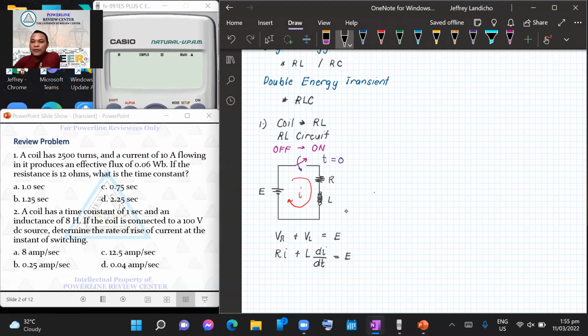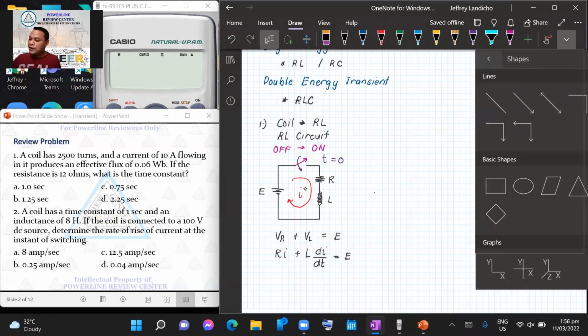So this equation, gagamitin natin yan to determine what would be the possible value of current. Alam natin yung current dito, pagka-switch natin, hindi naman siya agad maximum value or steady state value. So ano muna mangyayari dyan? Unti-unti, tataas yan until it reaches yung tinatawag natin na steady state. Pag sinabi nating steady state, wala nang changes sa kanyang current.